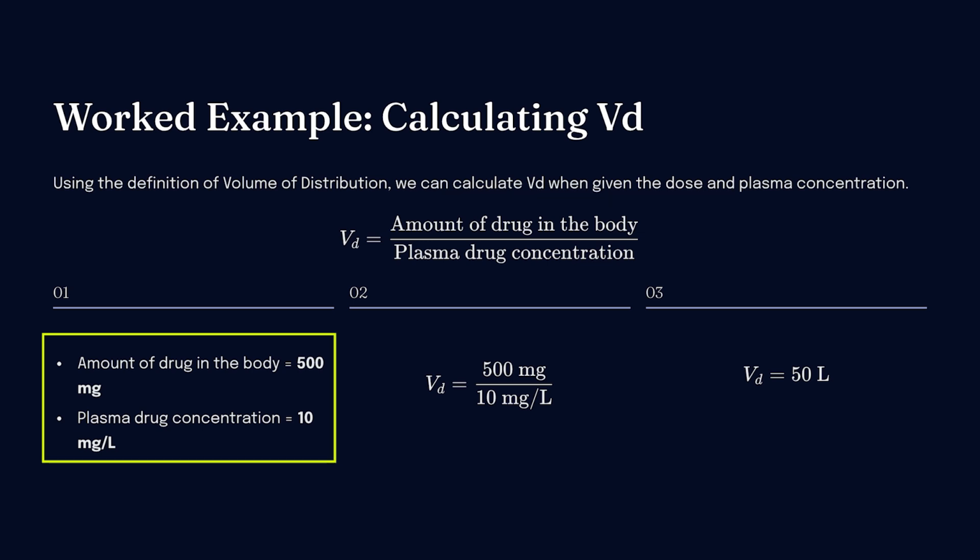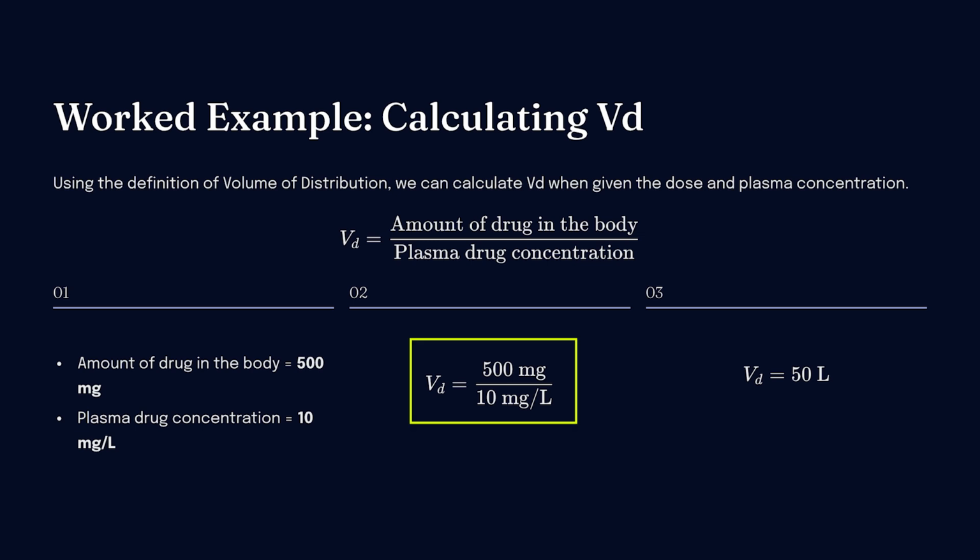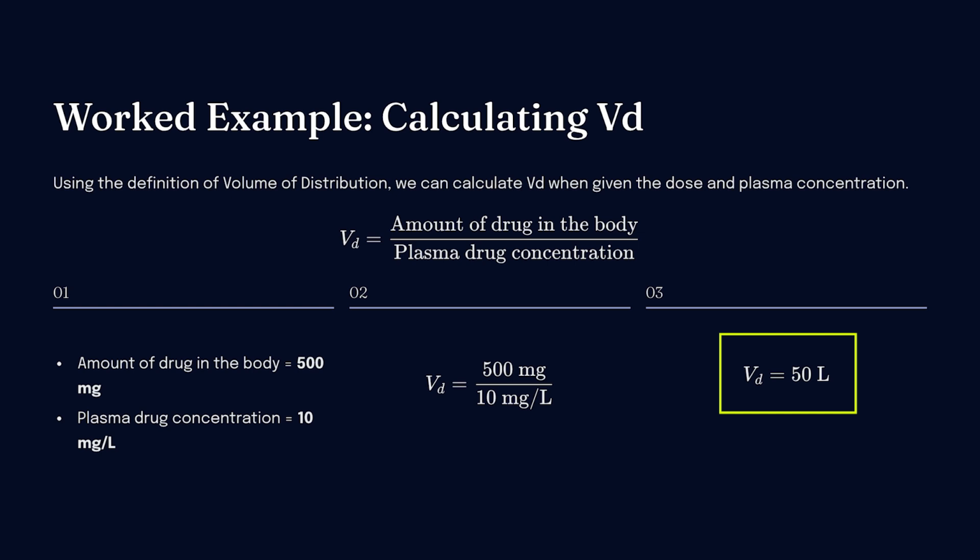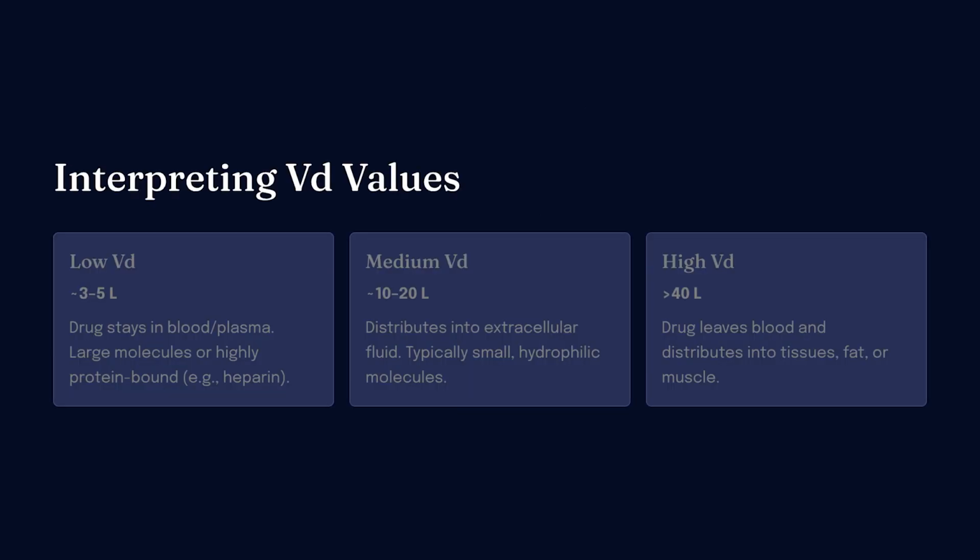Suppose the amount of drug in the body is 500 milligrams. Its plasma drug concentration is found to be 10 milligrams per liter. Substituting the known values in the formula, volume of distribution equals 500 milligrams divided by 10 milligrams per liter. So, the volume of distribution is 50 liters.